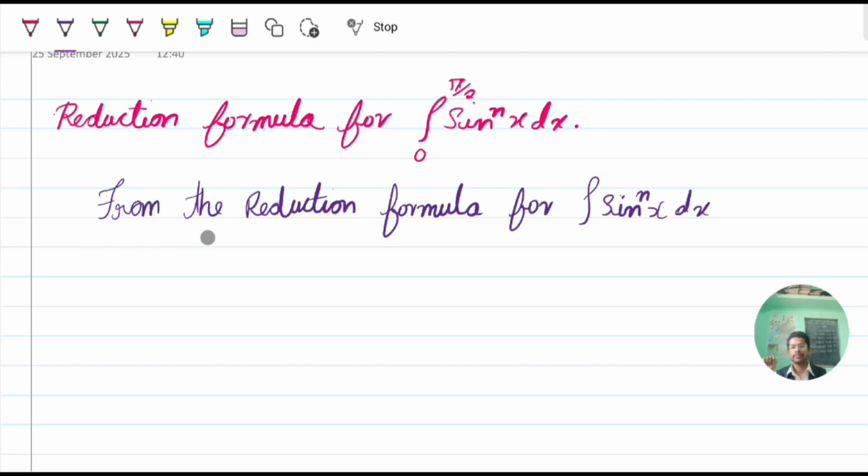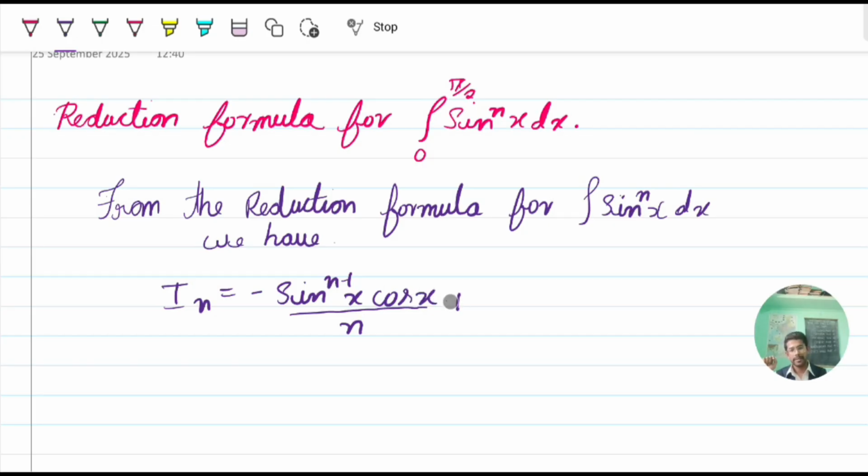We have I_n equals minus sine power n minus 1 x into cos x divided by n, plus n minus 1 into I_n minus 2 divided by n. So this is the reduction formula for integration of sine power n x dx, right?